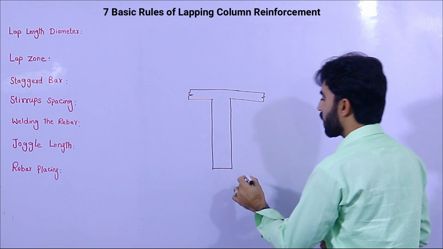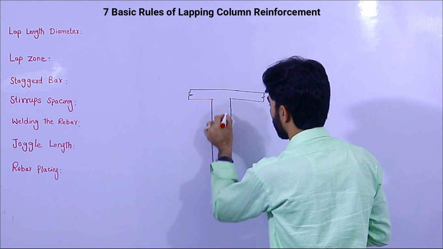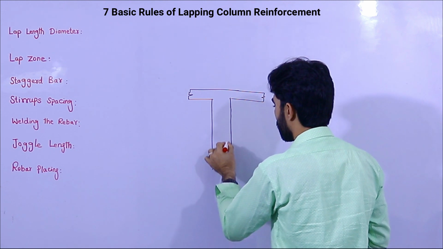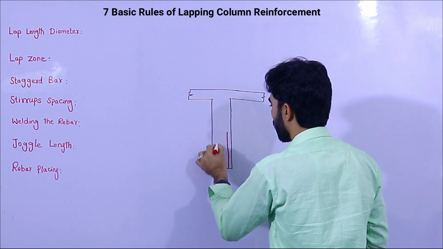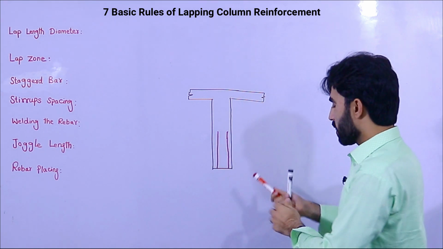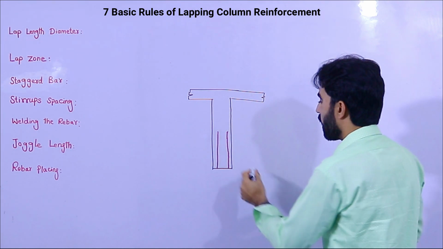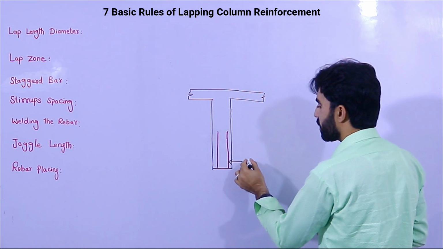Here we are using lapping. Clearly this is one steel bar, and this is the other steel bar. Now I need to provide lapping. Suppose I have two diameters. At the bottom, for example, I have 16 mm.